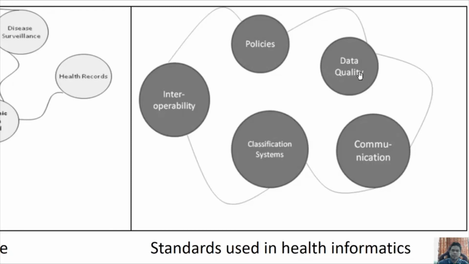Data quality means standard data. When you want to discharge the patient, what is the minimum standard data to be stored in the database? Otherwise, that cannot be considered a discharge summary, for example.